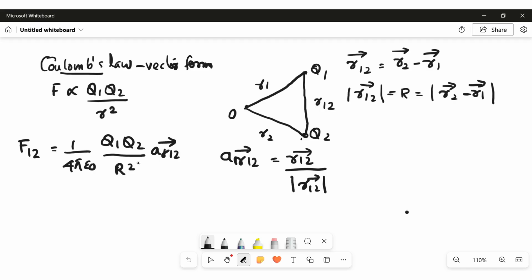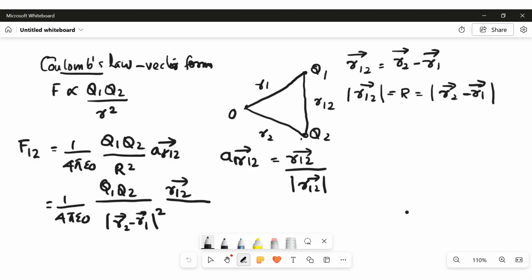So we can rewrite this as 1 by 4 pi epsilon 0 Q1 Q2 divided by R, the magnitude of R12, which is equal to magnitude of R2 minus R1, squared, into AR12. We know AR12 is R12 vector divided by magnitude of R12.